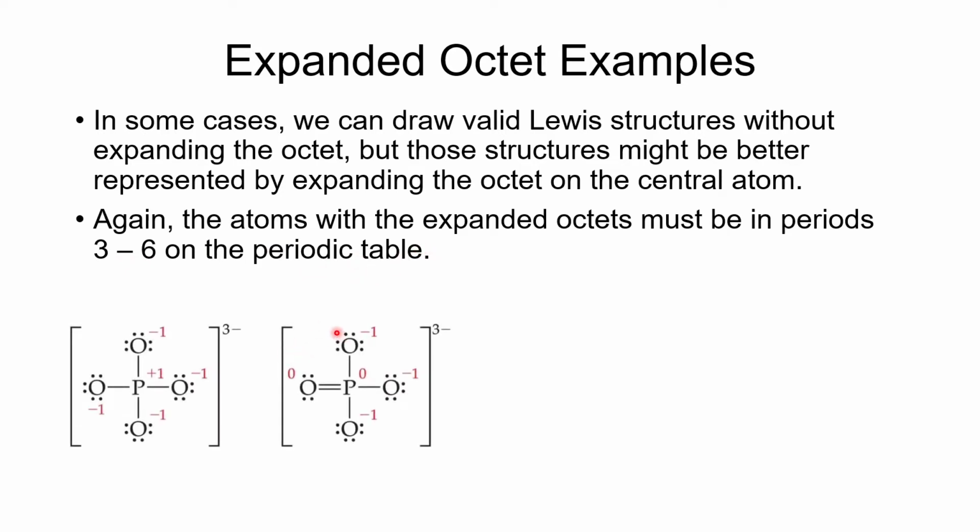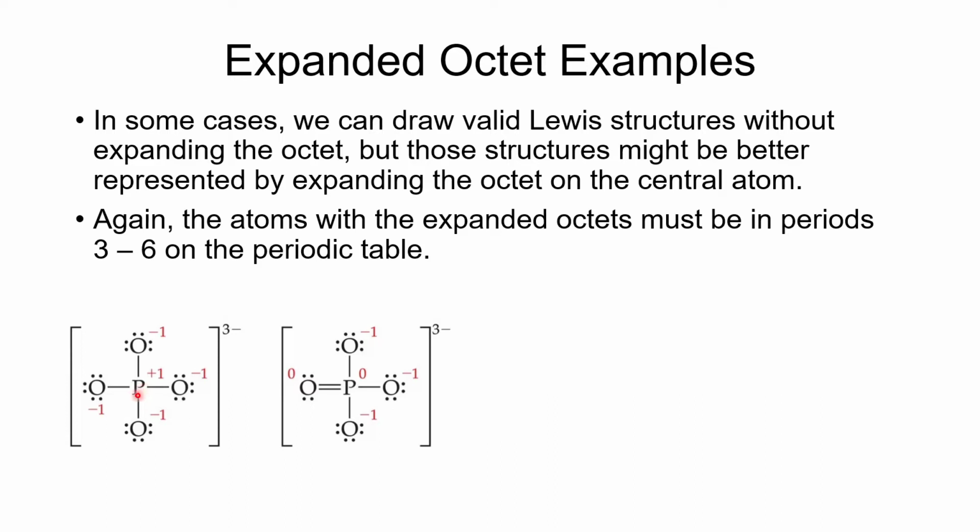So one such example is the phosphate ion. Phosphate is PO4 3-, and if we go through all the rules that we've been working on, you will find this is the structure you'll come up with, so that everything gets exactly an octet.